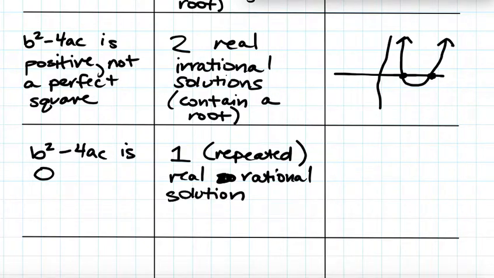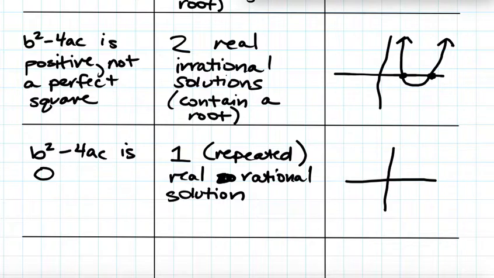And the reason for that is because you would be taking the square root of 0 in the quadratic formula. Square root of 0 is 0, plus 0 minus 0. Either way, you would have the same number. So the plus minus, if it's plus minus 0, then you're only going to actually have one solution there.